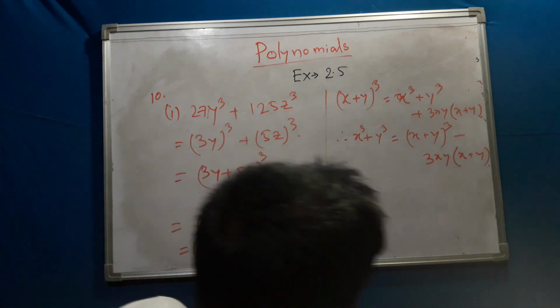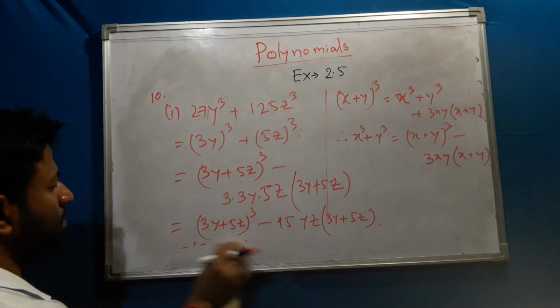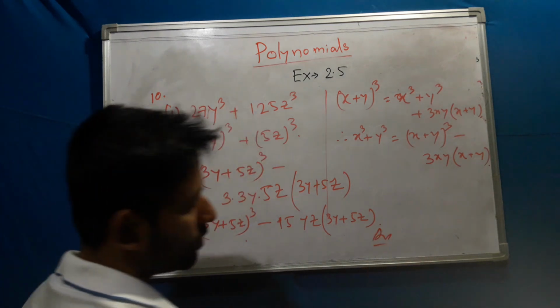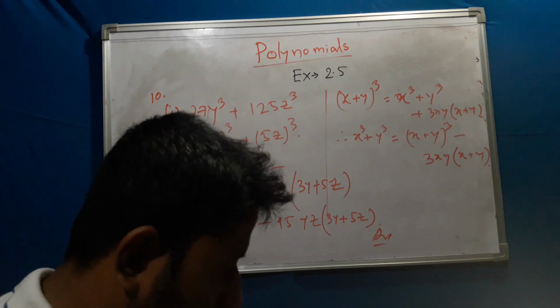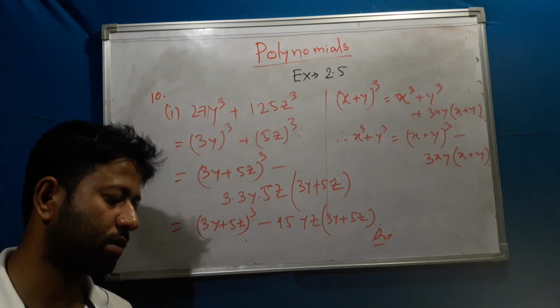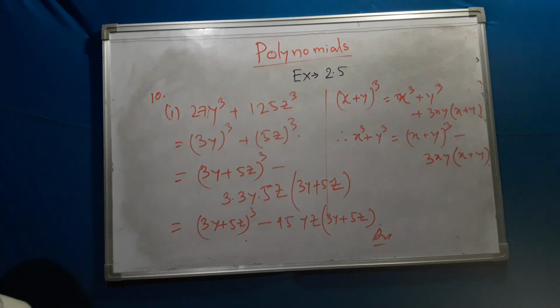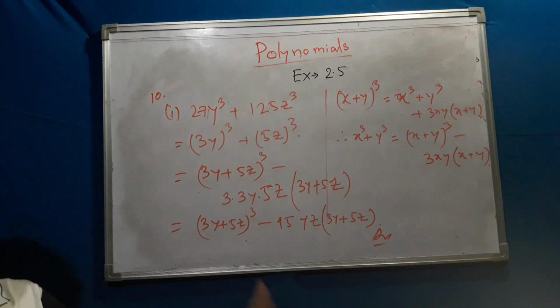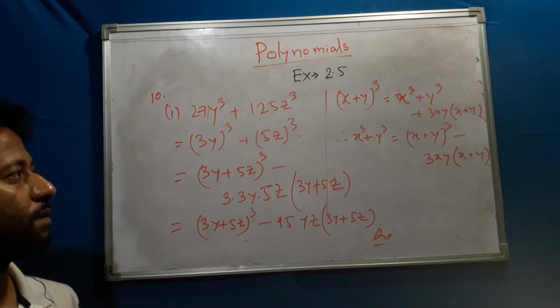If you keep it in this way only, this is the result. So in this way I can solve the second question also. 64m cube plus 343n cube. 343 I can write in the form of 7 whole cube. So just pause the video and copy this one.